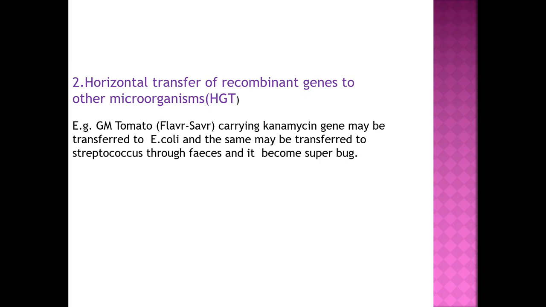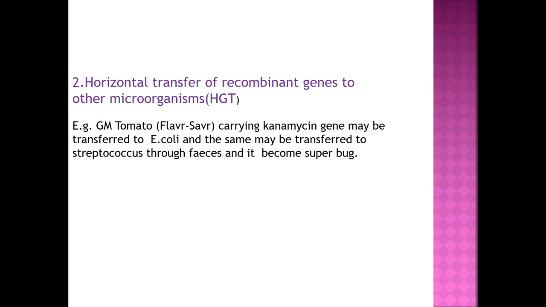When this kanamycin resistant gene gets transferred into a microorganism, say for example bacteria, if it is a normal, non-pathogenic bacteria, okay. Suppose this resistant gene gets transferred into any pathogenic bacteria that is present in the environment, then that pathogen becomes antibiotic resistant, say for example kanamycin resistant bacteria.